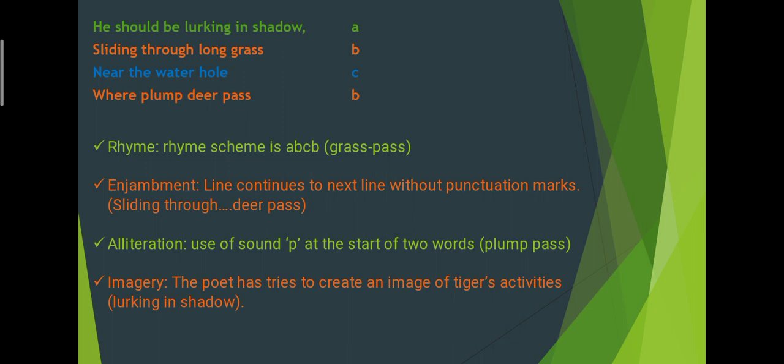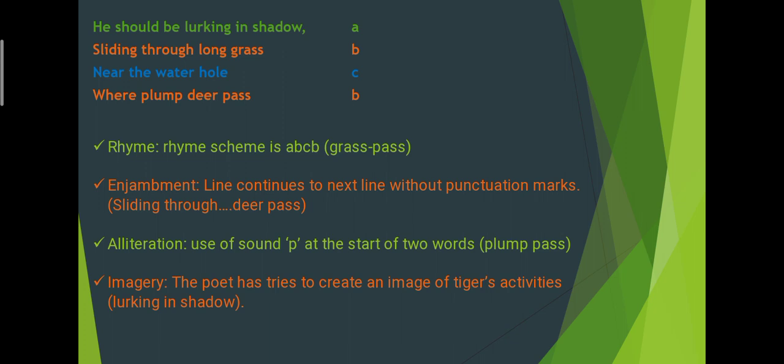And another technique used here is alliteration. Alliteration is a technique where there is repetition of consonant sounds at the beginning of two or more words immediately succeeding each other or at short intervals. Which consonant sound?